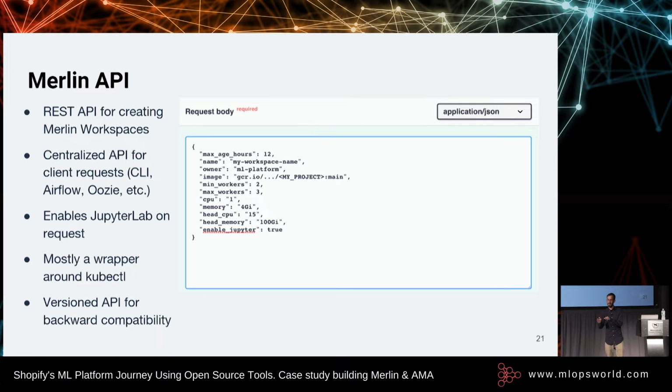Behind the scenes, what is happening is that we just take these parameters and inject them into a YAML manifest, a Kubernetes manifest, which is then run through a kubectl apply. So all of this API is just a fancy kubectl. This allows us to abstract all of the Kubernetes complications from our data scientists and users.